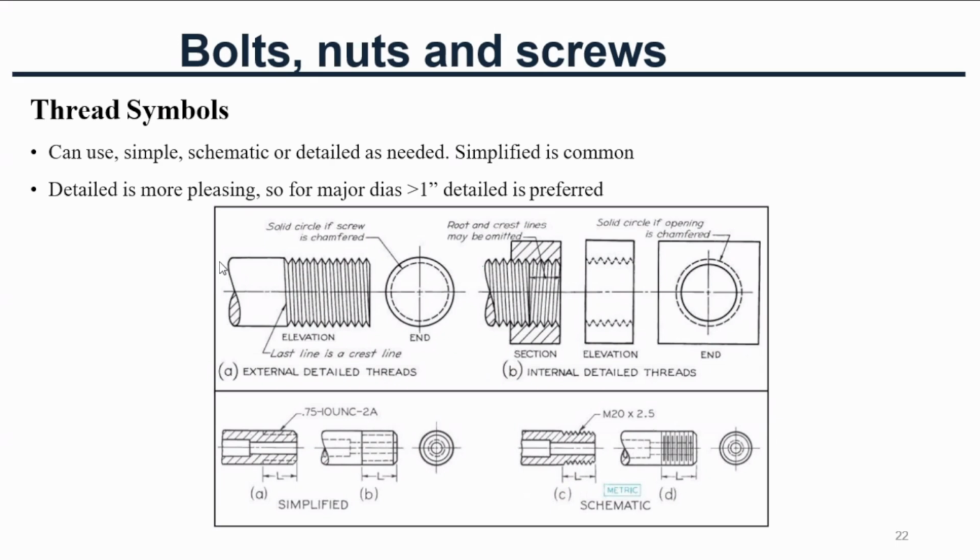The second one is an internal detail thread. Here we can give this type of elevation for the internal one. This is like a ball, and this is like a nut, the internal one.